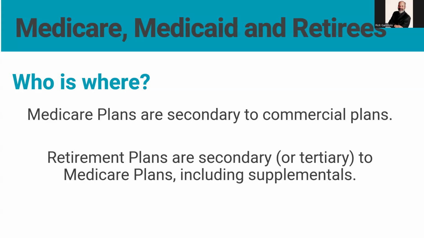So now they have a Target plan. Then they have a Medicare Advantage plan as their secondary. And then they have their union retiree plan that is their tertiary. So very, very important for everybody to understand that.